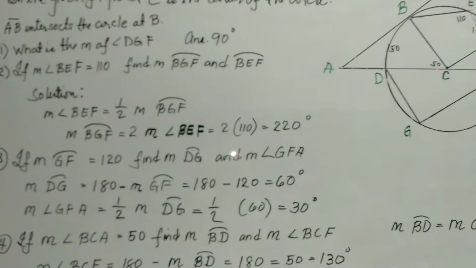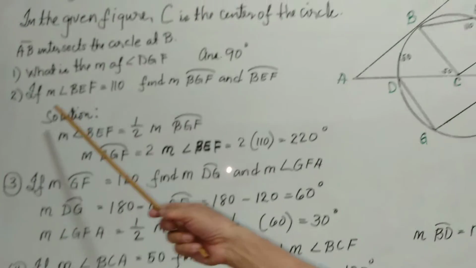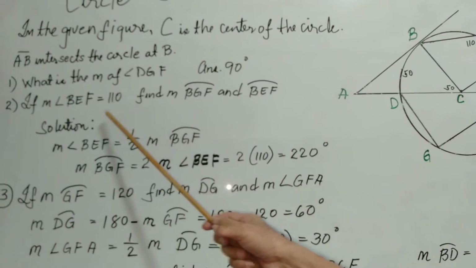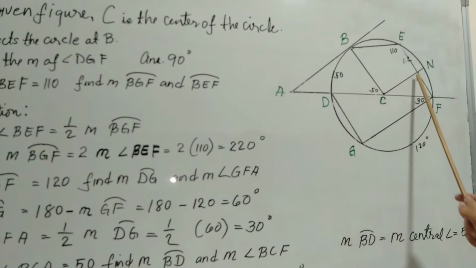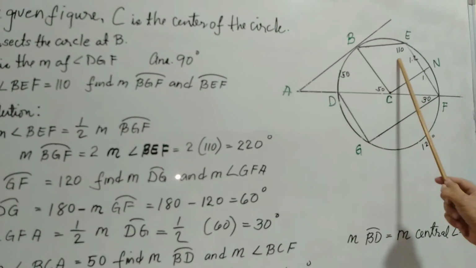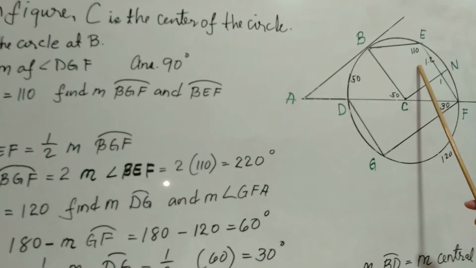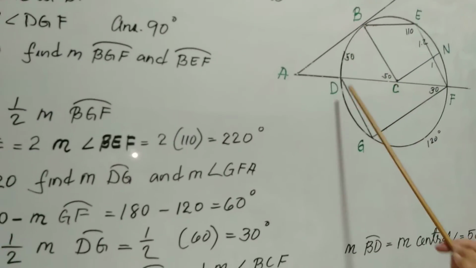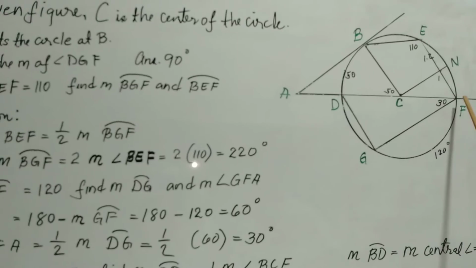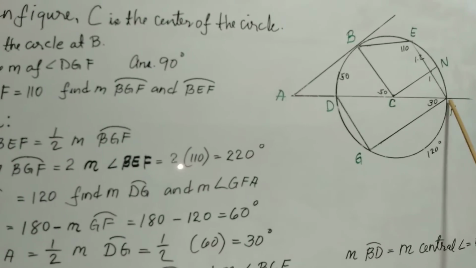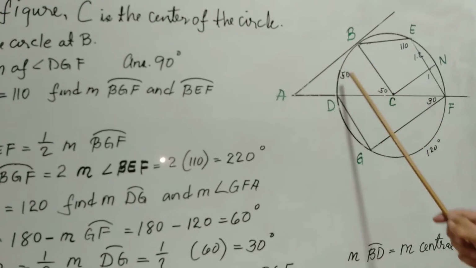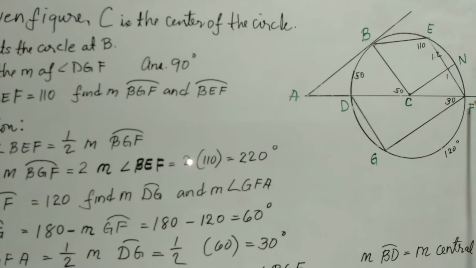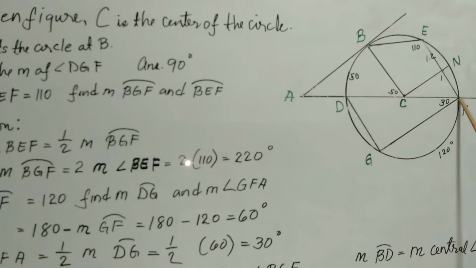For number 2, if the measure of angle BEF is equal to 110, you have to find the measure of arc BGF. This 110 is equal to 1/2 of the arc BGF.